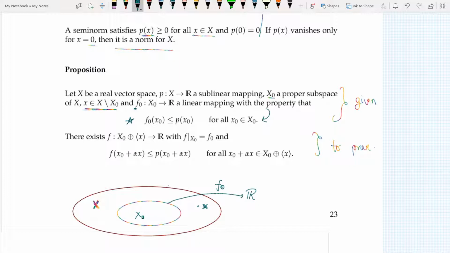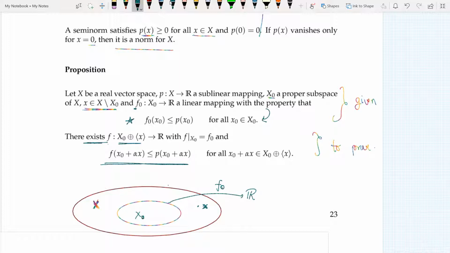Now what we need to prove is that there exists a capital F which takes elements from X naught direct sum span of x to R, with F restricted to X naught equal to F naught and satisfying this property. What is this thing?